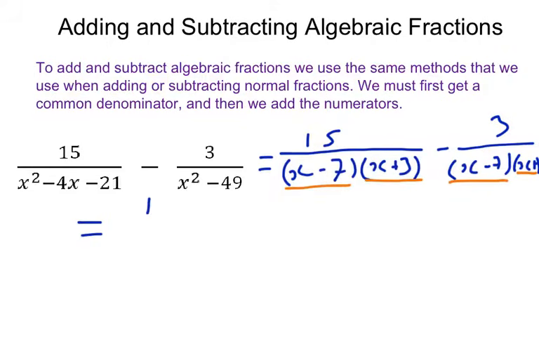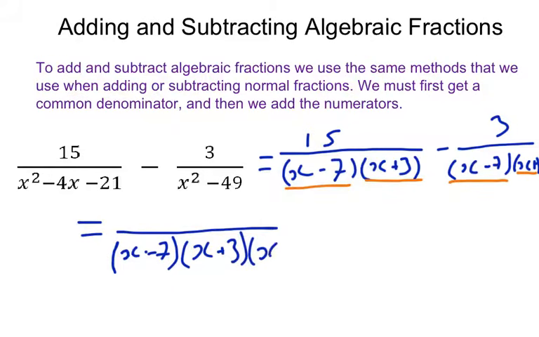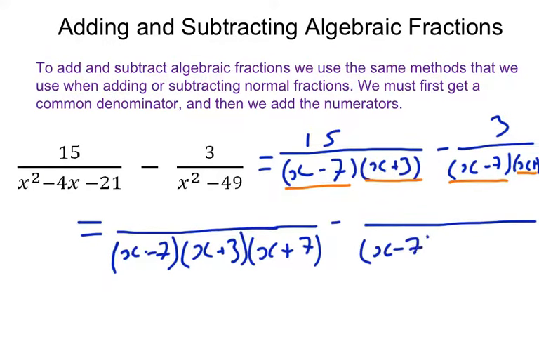So we get our common denominator of x minus 7, x plus 3, x plus 7. And the other one's going to have the same, x minus 7, x plus 3, x plus 7.